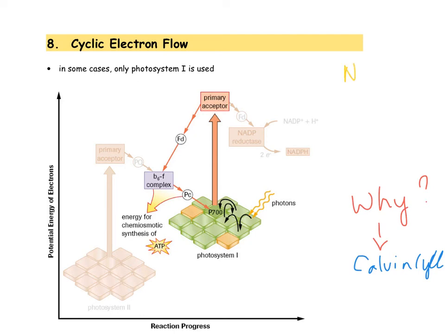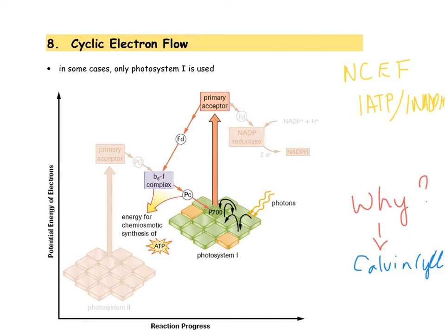If we have non-cyclic electron flow, we were producing 1 ATP and 1 NADPH per run-through of the non-cyclic electron transport chain, right? So for every 4 H pluses, we're producing 1 ATP, and for every 1 run of the electron transport chain, we're producing 1 NADPH.